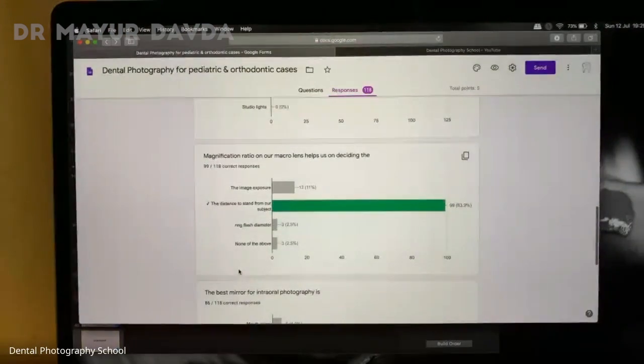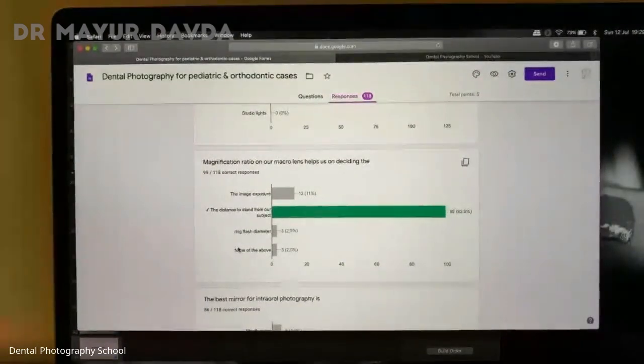Studio lights, nobody said. Magnification ratio on our macro lens helps us on deciding the flash. Number one is image exposure. 13% said image exposure. I really don't know why, but I'm glad to see that close to 100 people, that's 83%, 84%, said the distance to stand from our subject.